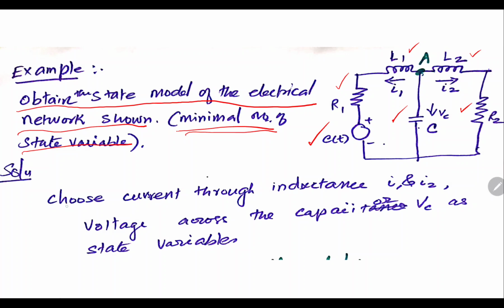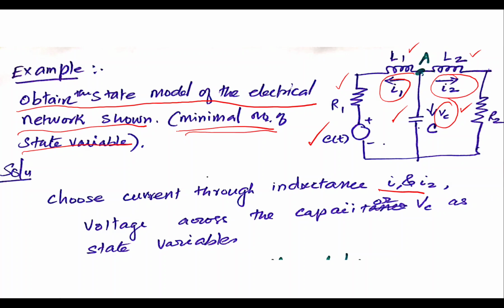We are going to choose the state variables as I1 and I2, that is the current through inductor 1 and the current through inductor 2, and the voltage across the capacitor, Vc. These three are the state variables. And with these state variables, we are going to form the state matrix.